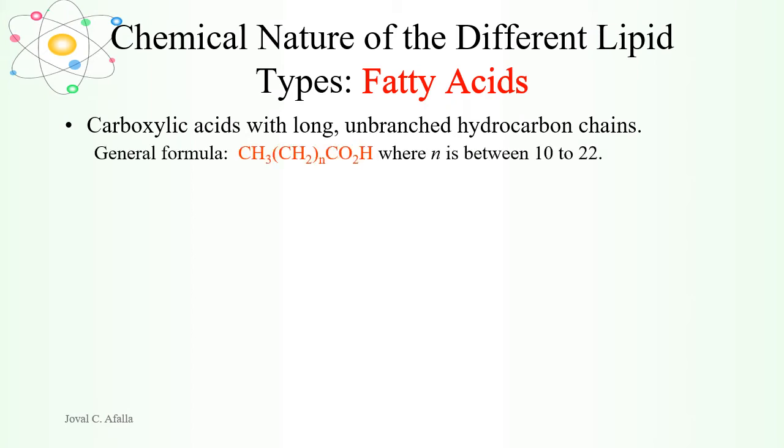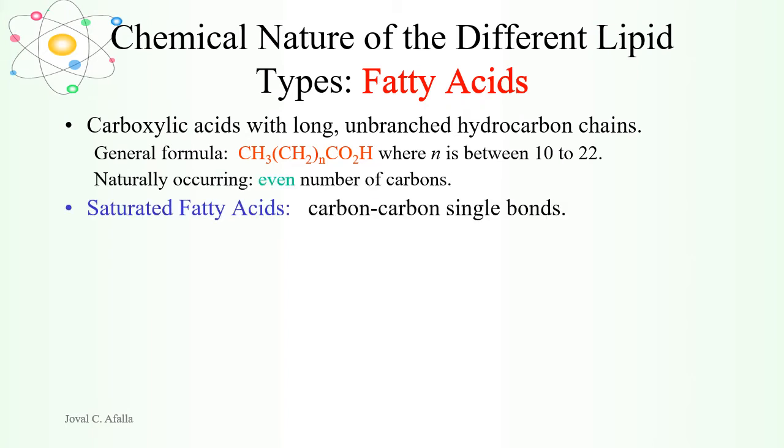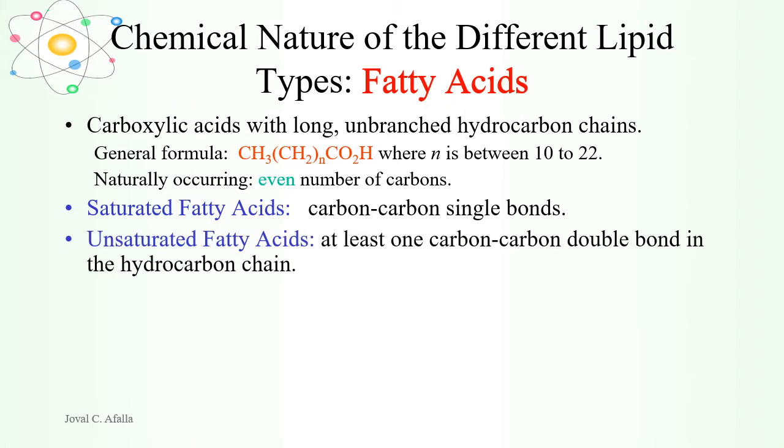However, there's a general formula, as shown, where N is between 10 and 22, so they are even numbers of carbons. From your organic chemistry, the hydrocarbon chain can be saturated, hence we have saturated fatty acids, just composed of carbon-carbon single bonds, or unsaturated, wherein there's at least one carbon-carbon double bond in the hydrocarbon chain.